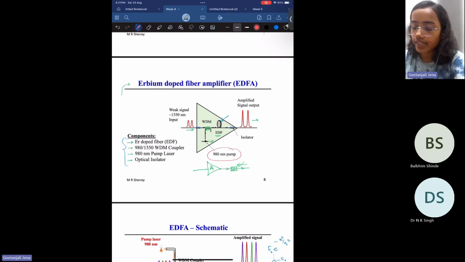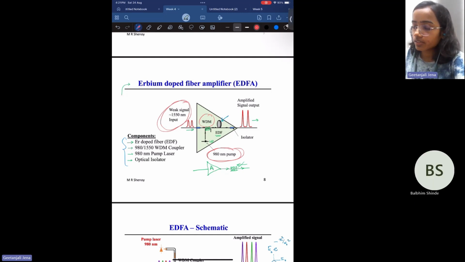You use a 980 nanometer pump to amplify the weak 1550 nanometer signal. And to couple these two signals, that is the pump signal and the weak signal, we use a WDM, wavelength division multiplexer, to couple this signal to the erbium doped fiber amplifier.